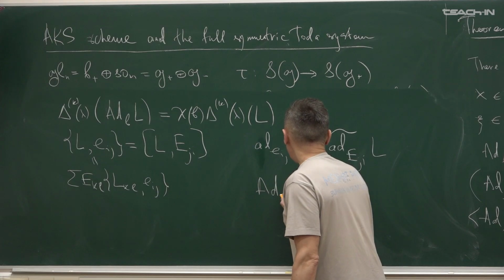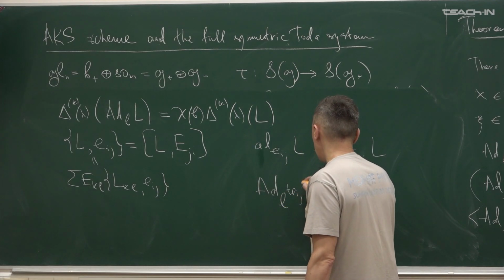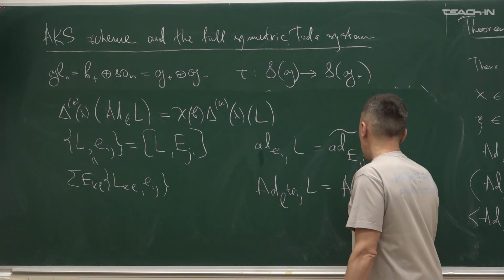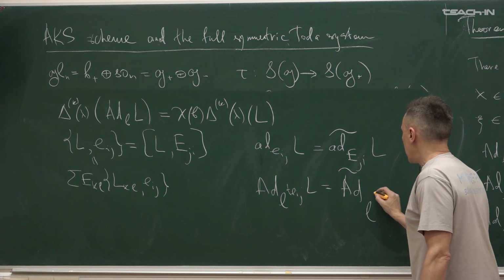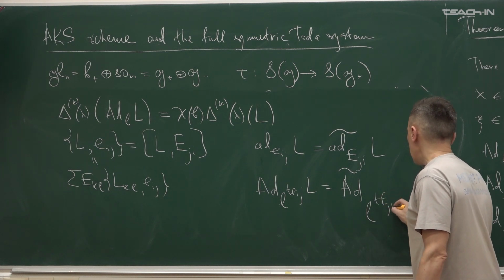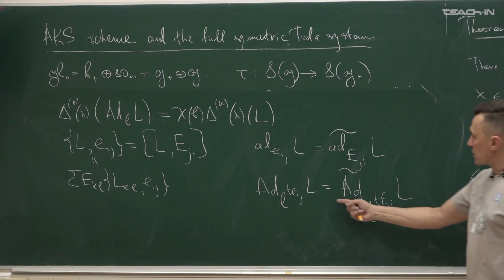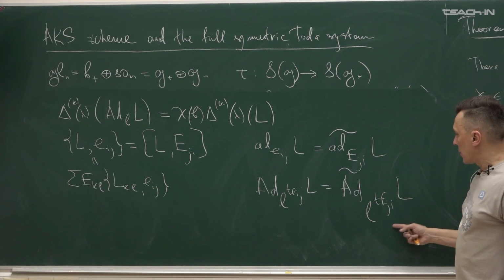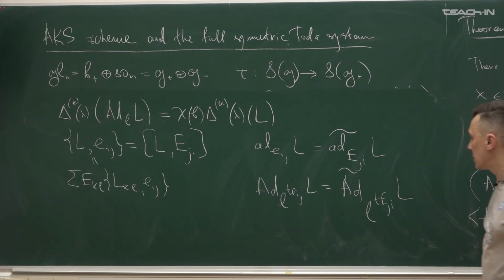But now the exponential of t Eij on L will produce the equivalent adjoint action of such a group element on the Lax operator.